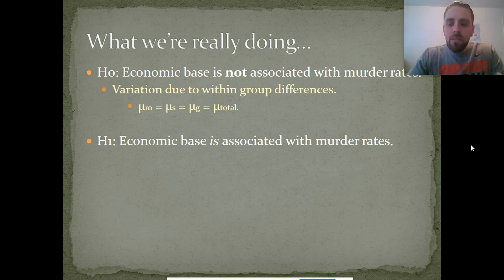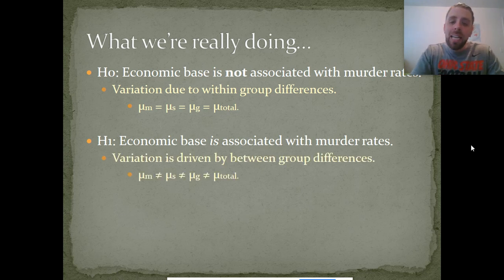And so if we were to find support for H1, if we were to reject the null hypothesis, then variation here is driven by between group differences, or mu of M does not equal mu of S, does not equal mu of G, does not equal mu total.